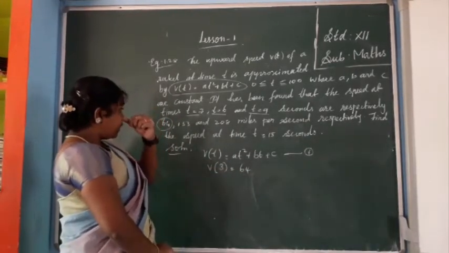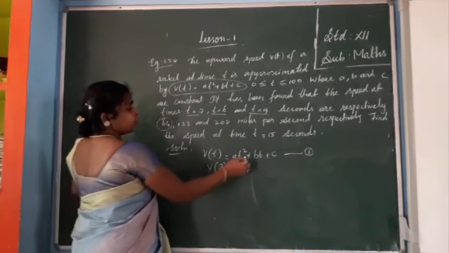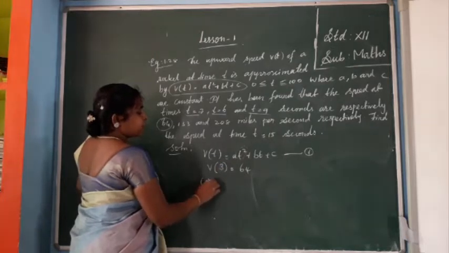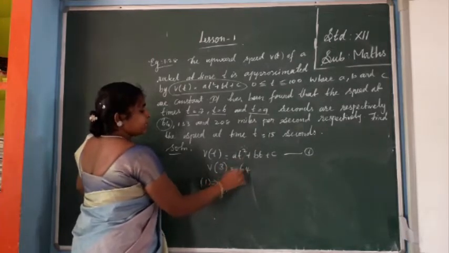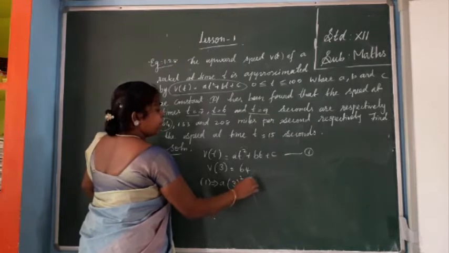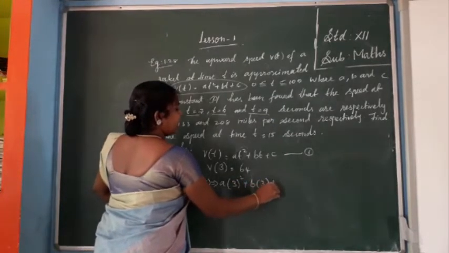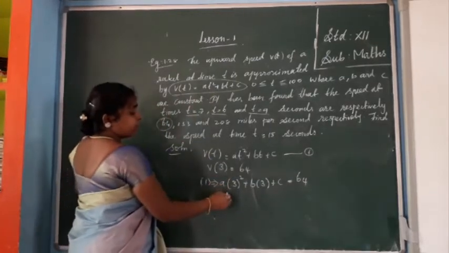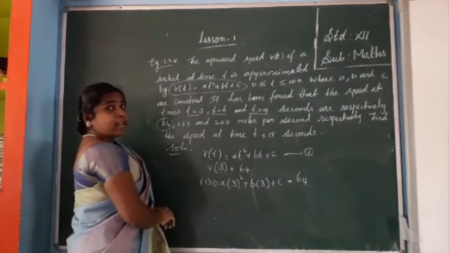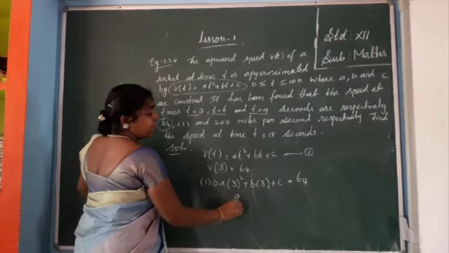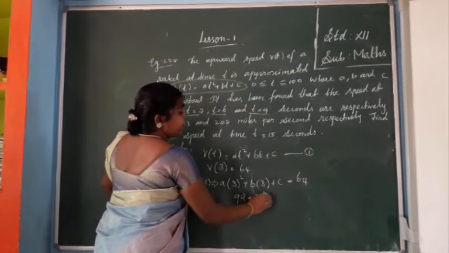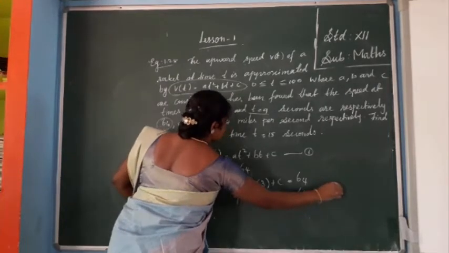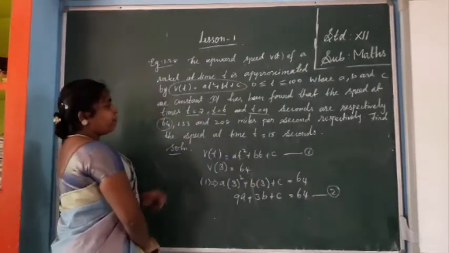So v of 3 equal to 64. You substitute here 3 instead of t. So equation 1 implies a into 3 square plus b into 3 plus c equal to 64. 3 square means 9. So 9a plus 3b plus c equal to 64. This is equation 2. Next we can form the equation.